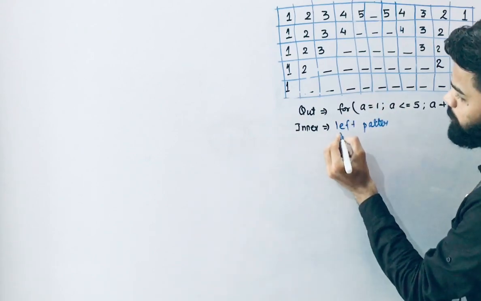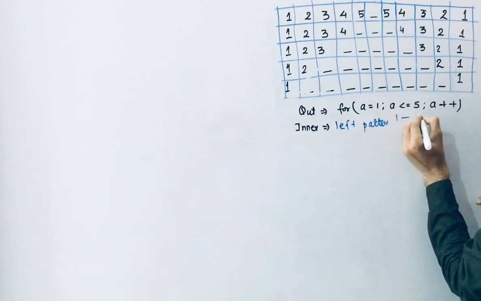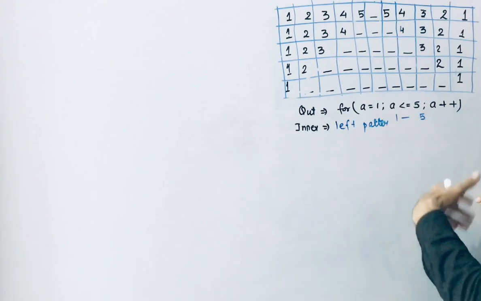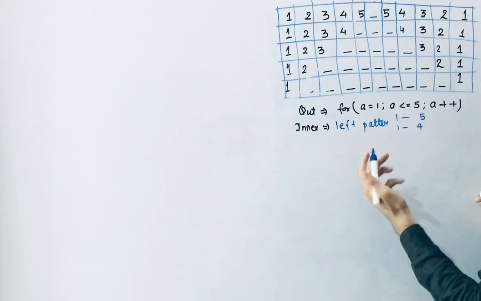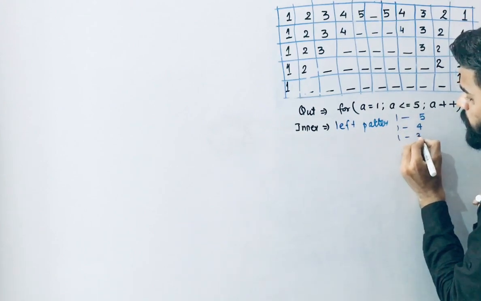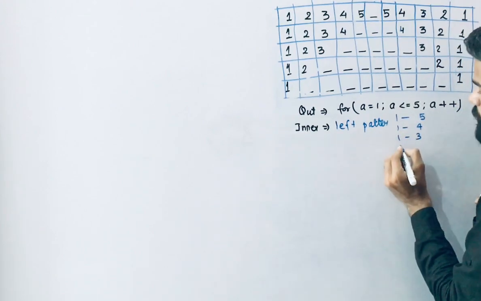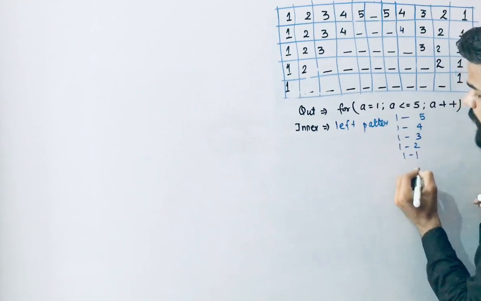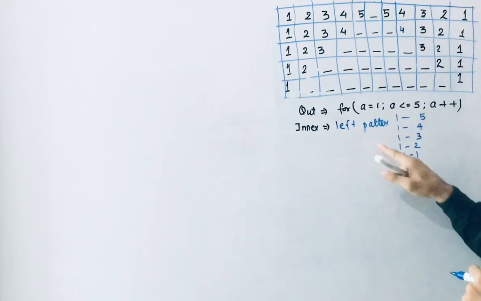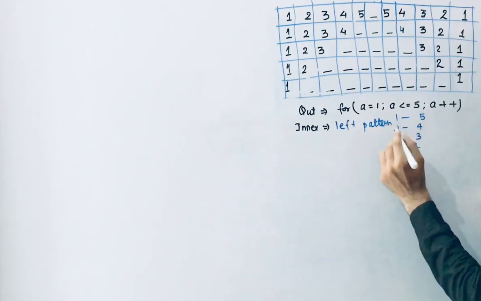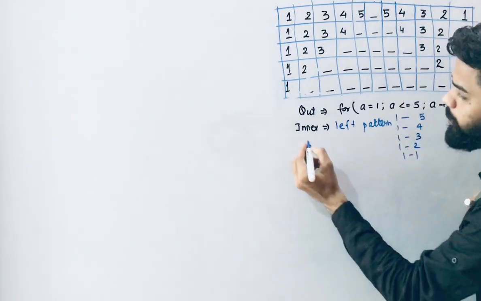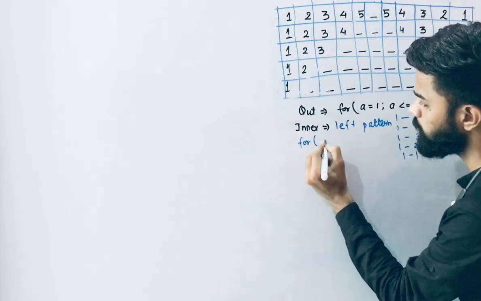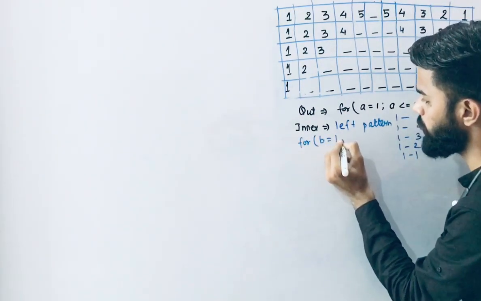Now see class, what we are doing in this pattern. The first time it prints 1 2 3 4 5. The second time it prints 1 2 3 4. The third time it prints 1 2 3, and then 1 2 and then 1. Clear? So in the left pattern our values always start from 1, so I am going to write here for b equal to 1.